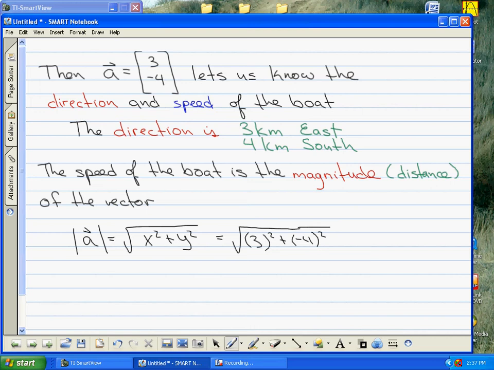Simplifying this, I get the square root of 9 plus 16, which is equal to the square root of 25, or simplifying that, 5 kilometers per hour. And here we have the speed of our boat.